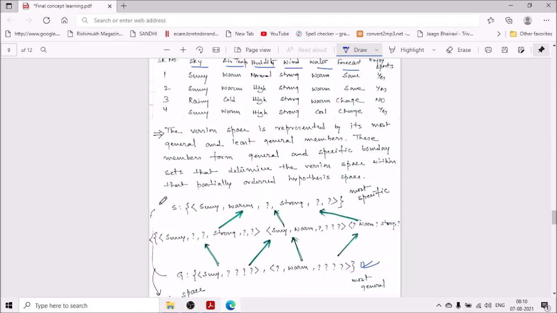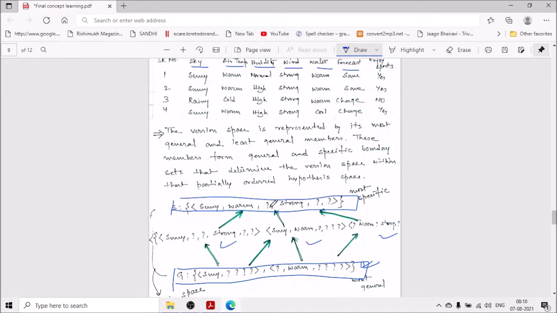This is our least general, or most specific. These members form the general and specific boundary sets. This is our most specific, and this is our most general. These two are the boundaries that determine the version space within the partially ordered hypothesis space. So this is nothing but our version space.